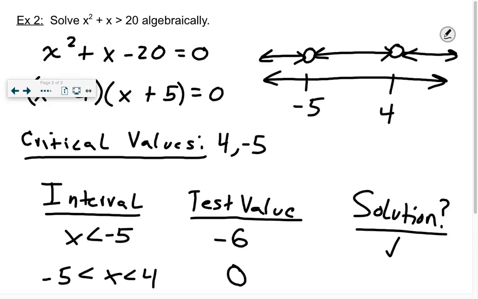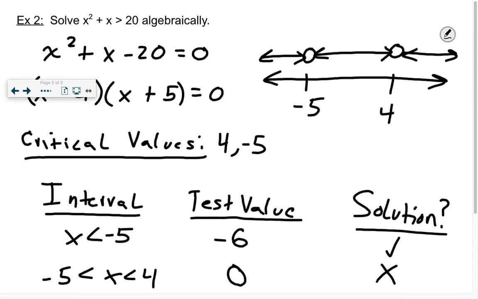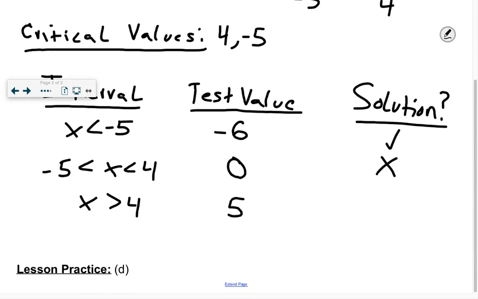And again, for me, a check mark is a good thing. If we try 0, 0 squared is 0, plus 0 is 0. Is 0 greater than 20? No. And lastly, if we try 5, 5 squared is 25, plus 5 is 30. 30 is greater than 20, therefore yes.